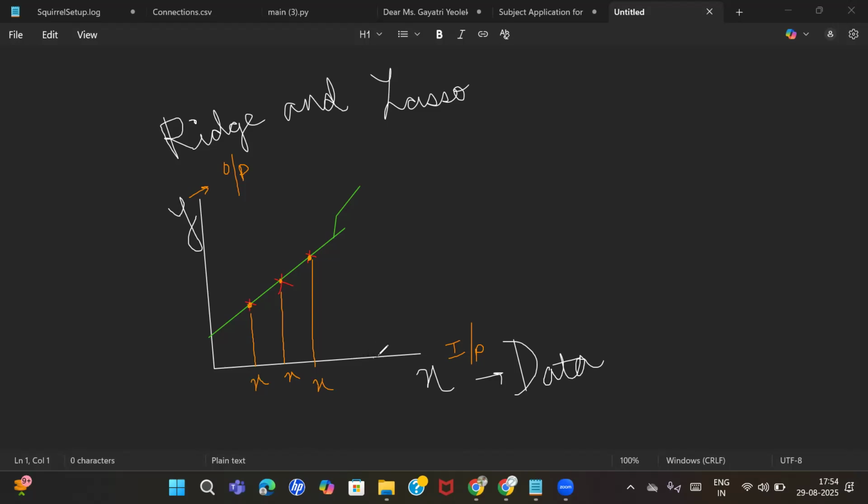Somewhere around here is my new x. Ultimately, y will try to predict the value on the change, so the value will come somewhere here. So what's happening here? My line is not performing good with my new data.